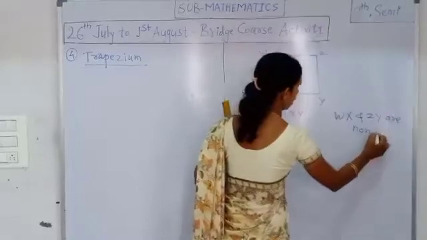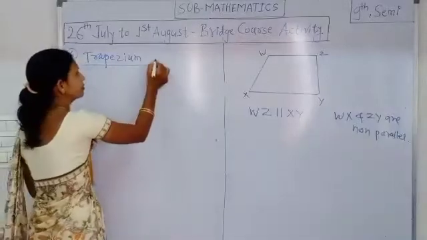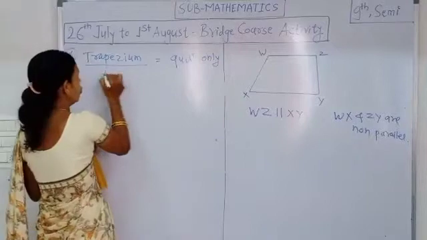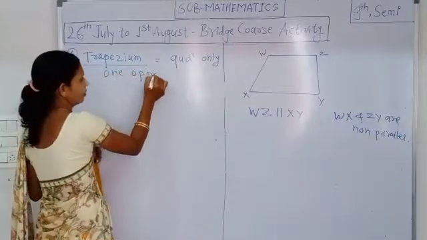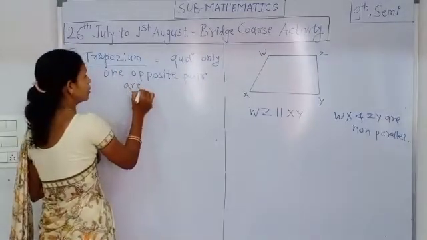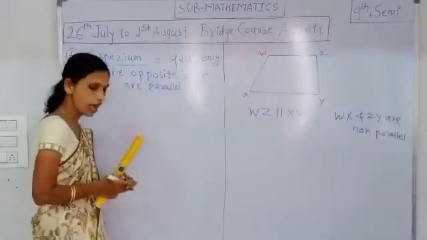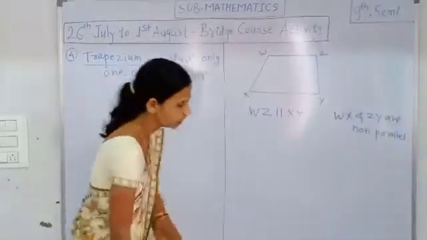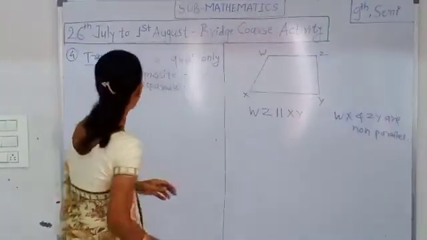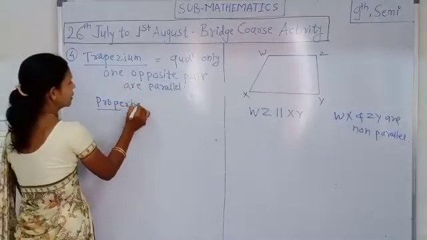So a trapezium is a quadrilateral of which only one opposite pair of sides is parallel and the other opposite pair is non-parallel.